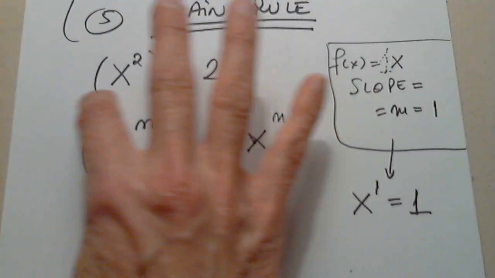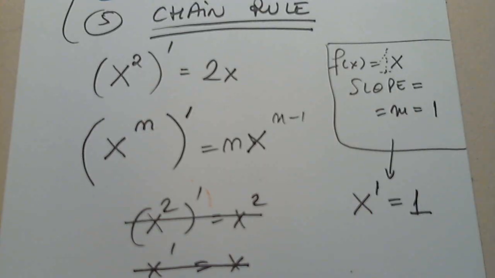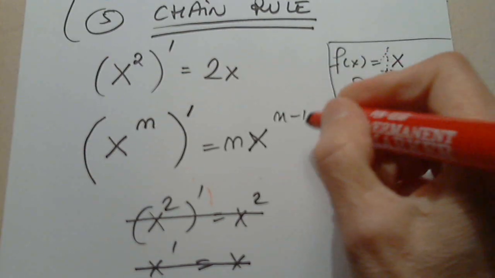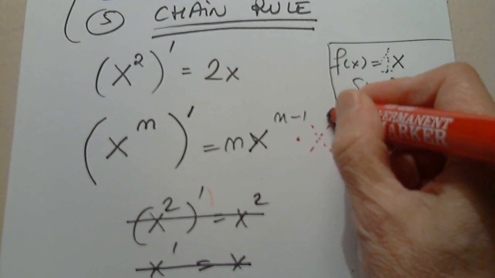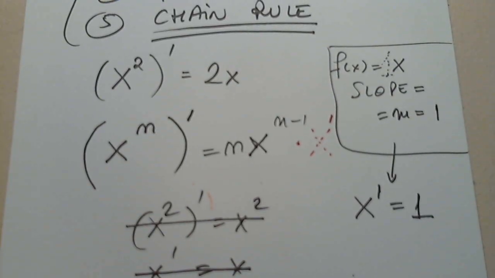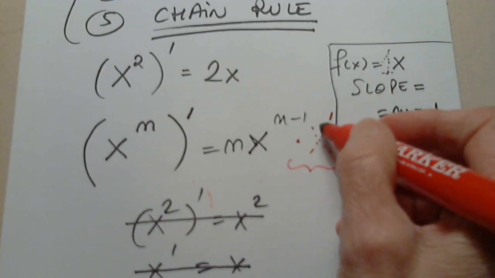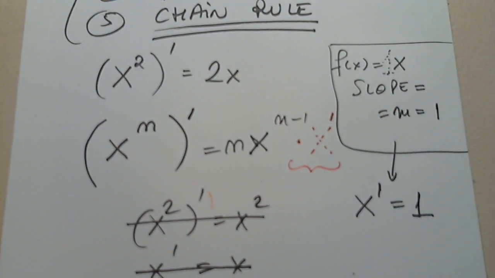To be exact and correct when I write this, I should write multiplied by x prime. But why don't I multiply by x prime? Can anyone explain why I don't write times x prime? I should, but I don't.